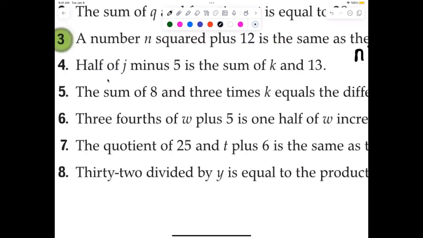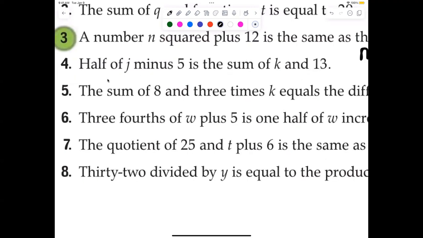I'll blow it up a little more since we can. Go. Half of J. How do I write half of J?